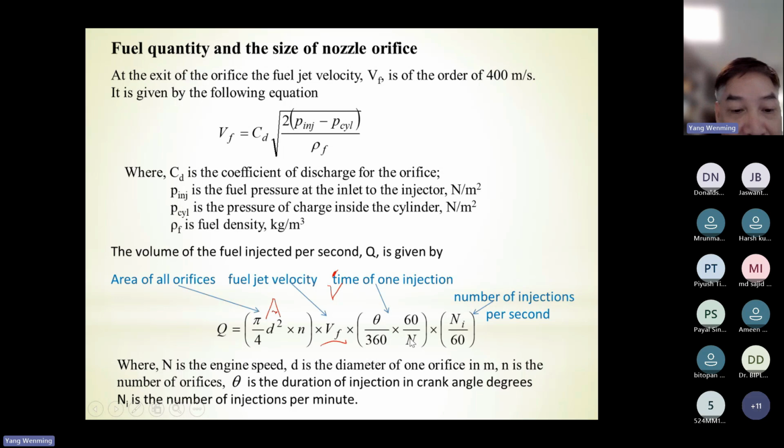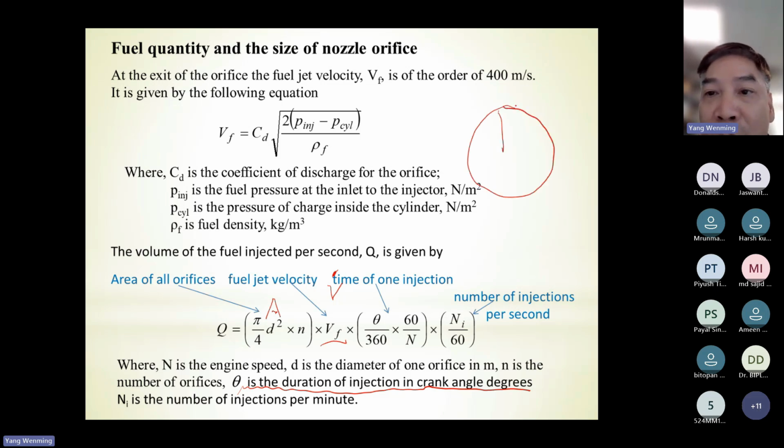Theta is the duration of injection in terms of crank angle degrees. Because we know, let me draw a graph. Fuel injection duration is about 20 degrees CA, for example. This is just an example.